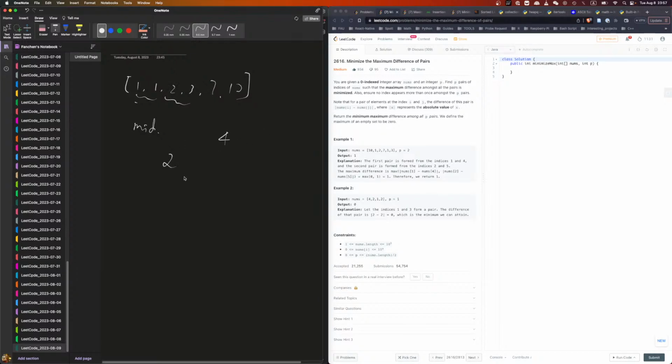Now we have 2. Okay, the difference has to be 2. And it's also possible. Now the difference is 1. And 1 will take up to 2. And then it's not possible. So that's not right. That's not right.